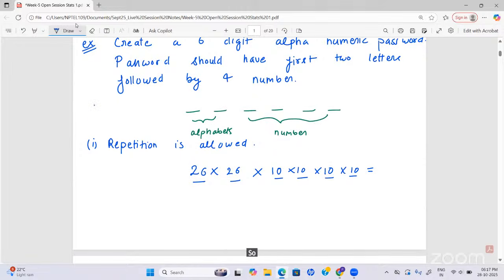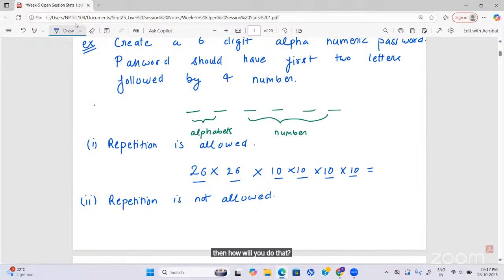There can be another condition when the repetition is not allowed. Then how will you do that?